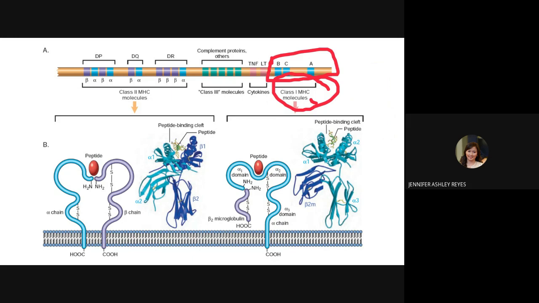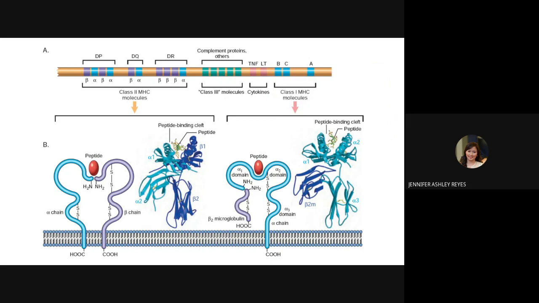So these HLA-A, B, and C, they are closely located to one another in one MHC locus na class 1. So makikita nyo yung importance ng alpha 1, alpha 2, alpha 3, and yung alpha 1 and alpha 2 domains will form a cleft or a groove where the peptides bind. Diba? Napag-usapan natin yun last time. So the polymorphic amino acid residues in this illustration line the sides and the base of the peptide binding groove.